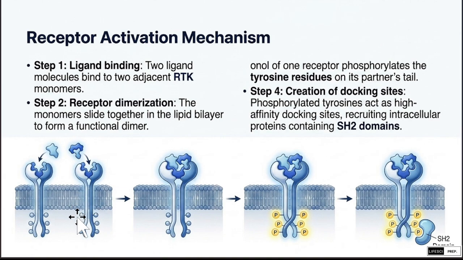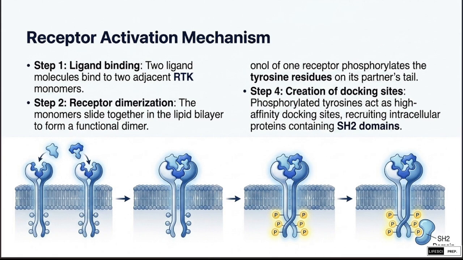After the binding of the two receptors and functioning as a dimer, transphosphorylation occurs, where the first receptor activates the second receptor by cross-phosphorylation, and the second receptor activates the first receptor by cross-phosphorylation.